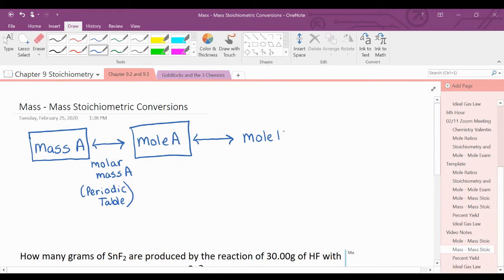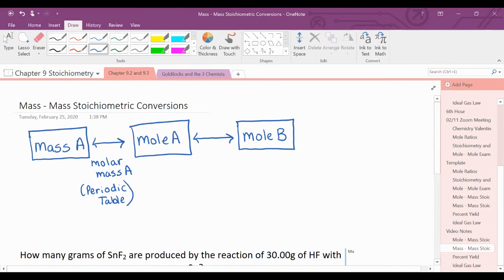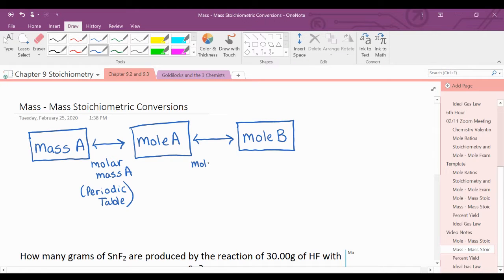Once I'm at the moles of A, I can convert to moles of a different substance in the chemical reaction. We'll call that moles of B. And it's a conversion factor we've been working with all week.